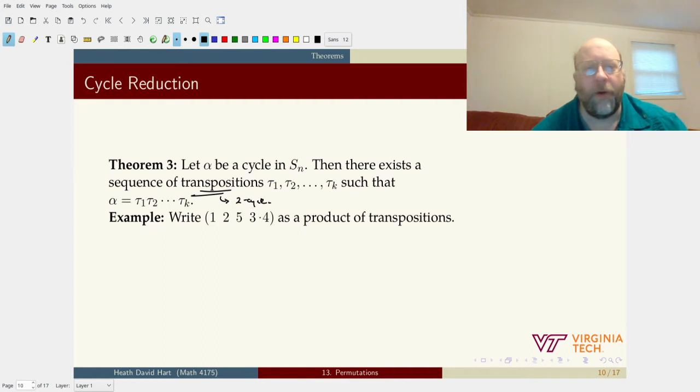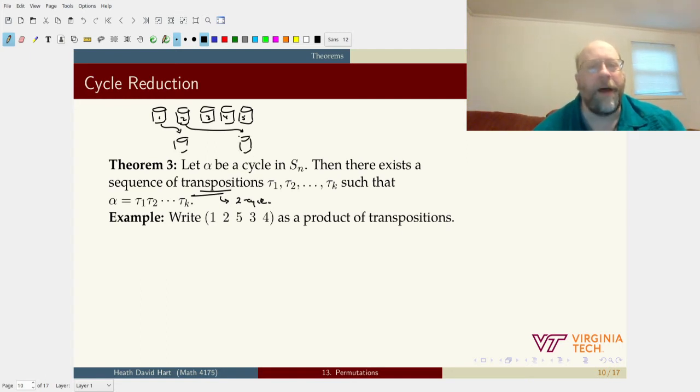All right. So what's happening here, (1 2 5 3 4), is that I've got sort of these objects, 1, 2. I don't know why I'm drawing them this way, but that's okay. And number 1 is moving to position 2. And then number 2 is moving to position 5.